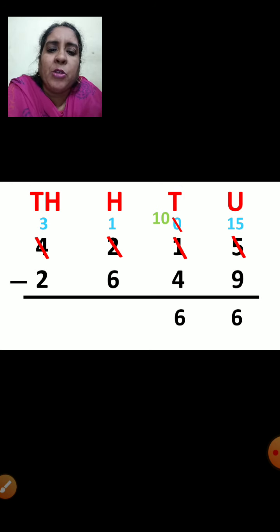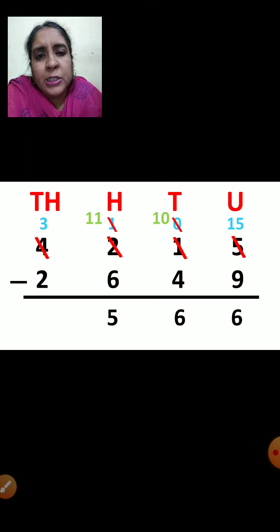Now you borrowed 1000 and you will take it to the hundreds place. You will cut 1. And what will come in the hundreds place now? Yes, 11. Right? Now 11 minus 6. Now you can subtract. So 11 minus 6 is how much? 5. Very good.